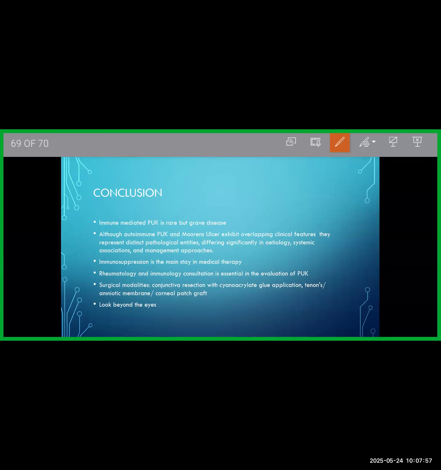The reason for the histopathology is that sometimes a patient may have a malignancy that may not depict it, and one may be thinking it is PUK. Then you treat and there may be no response. But when you send a sample to histology, it will tell if the condition that one is managing is a malignancy.